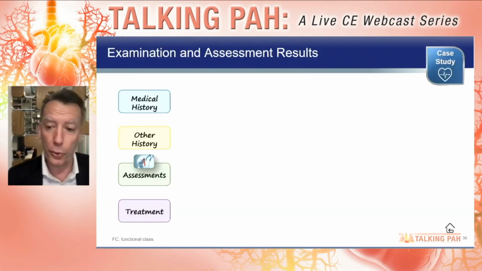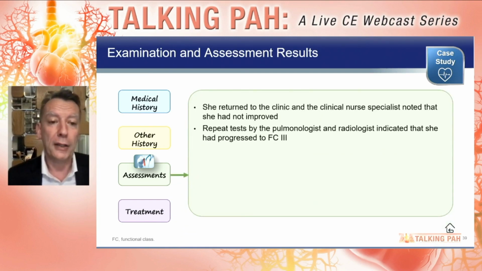This will be quite important because when we follow these patients up, we will have to make a decision based on these evaluations. And now I'm going to show you that in these very patients followed by Dr. Waxman in Boston, the patient, when she returned to the clinic, she saw the doctor and the clinical nurse specialist, and the clinical nurse specialist noted that the patient had not improved or not improved sufficiently.